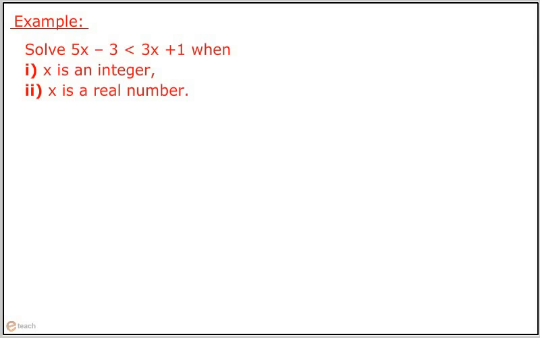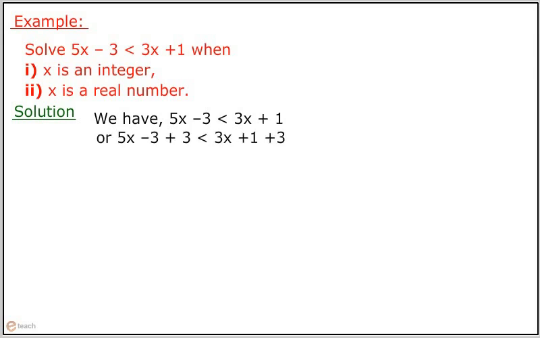Let us take another example. Solve 5x minus 3 less than 3x plus 1 when x is an integer and x is a real number. Let us see the solution. We have 5x minus 3 less than 3x plus 1. Now we add plus 3 to both the sides.